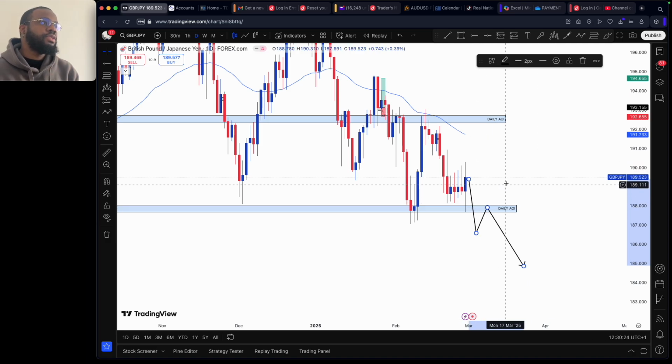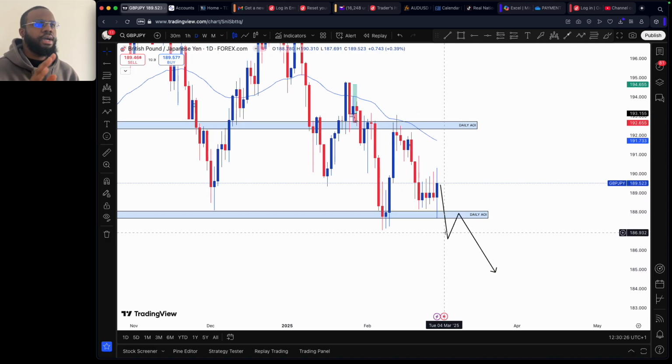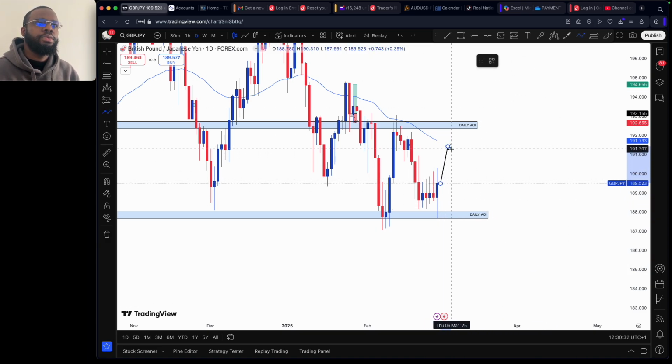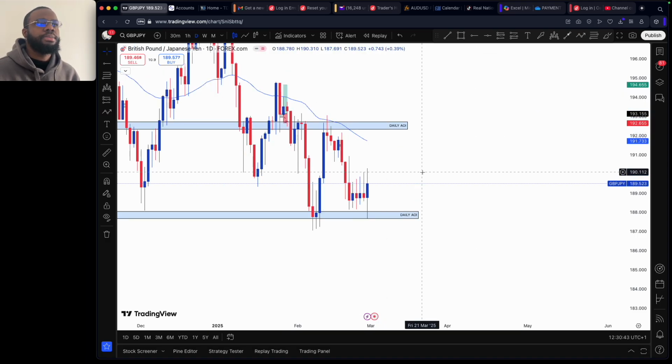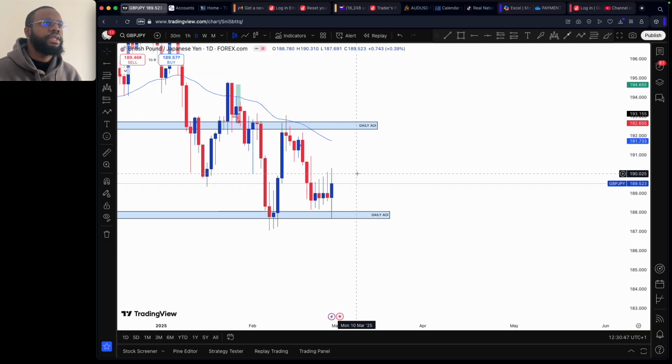If GJ doesn't do this, I will just be neutral on the pair. On the other hand, if it pushes to the upside, breaks out, then retests, then we set our traps and wait for price to do its thing.